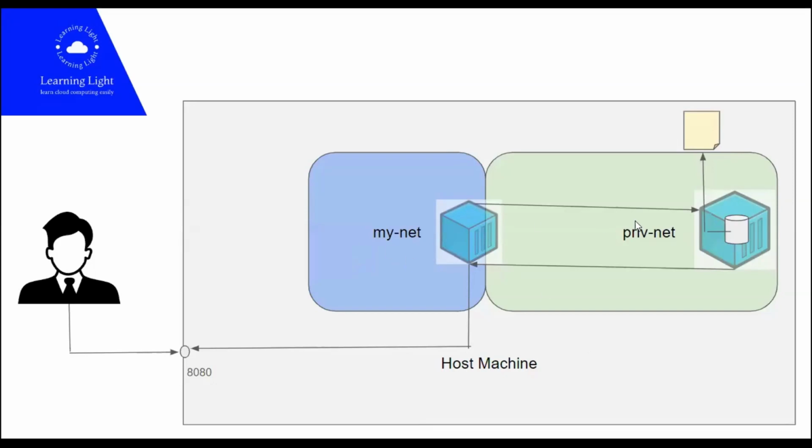So we saw how we can create a database inside a private network which is not accessible from the outside world, but the Python application we can run in some network which is accessible from the outside world, and it can successfully fetch the data and insert the data into the database which is in a private network.